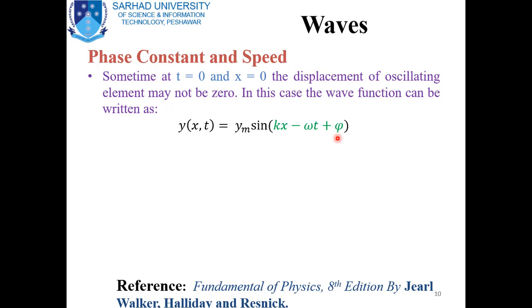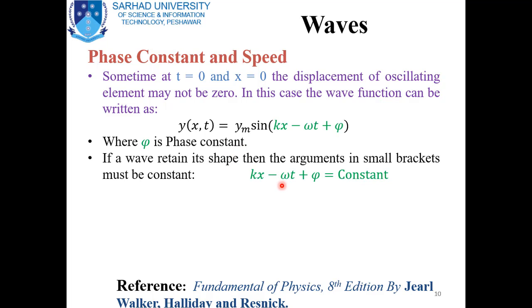It represents a number in terms of degrees or radians, and this equation is for traveling waves, which can carry energy from point to point. As the wave travels, the shape of the wave does not change, and we say that the phase is constant, the whole argument is constant.